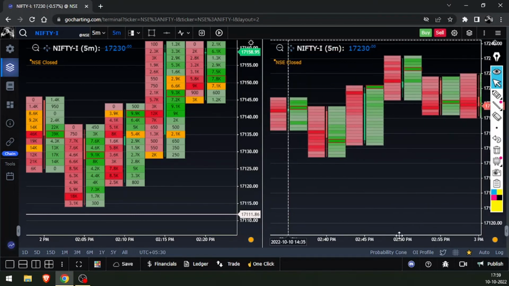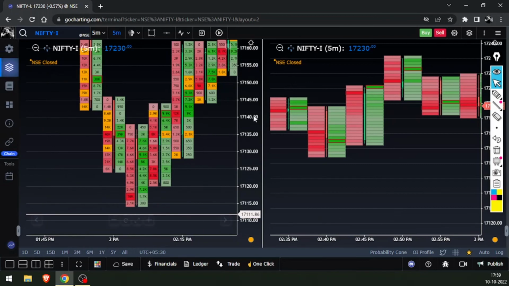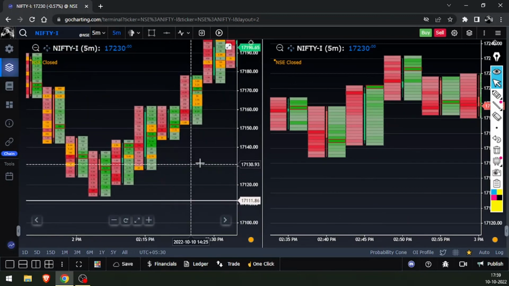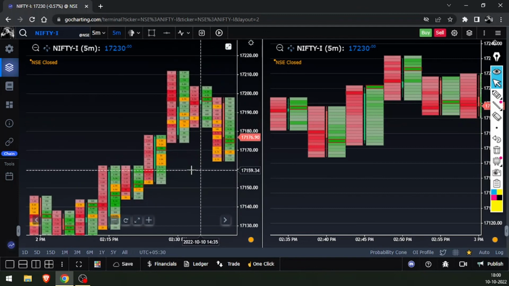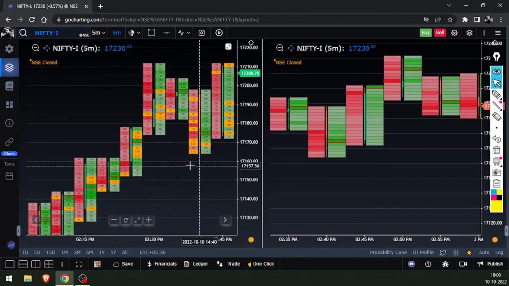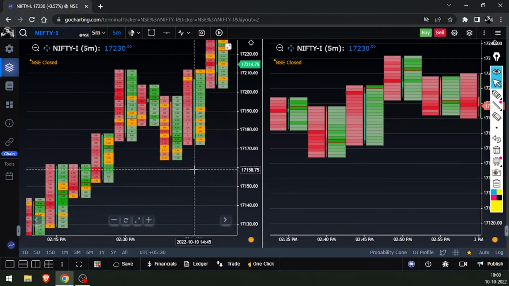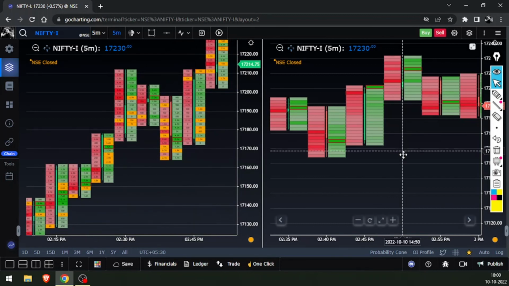I personally prefer the imbalance chart because it shows exactly where the big players are sitting, at what price the institutional traders are trading, and whether you really have a very good buying volume over here, or whether the price is pushing upside further. These kinds of data we get in the imbalance chart, not in the footprint chart.